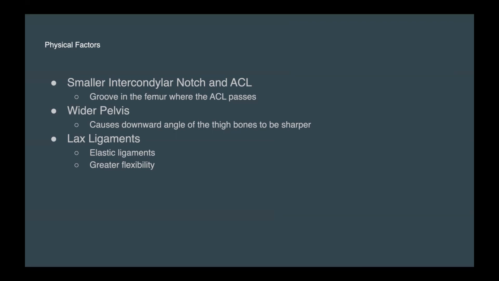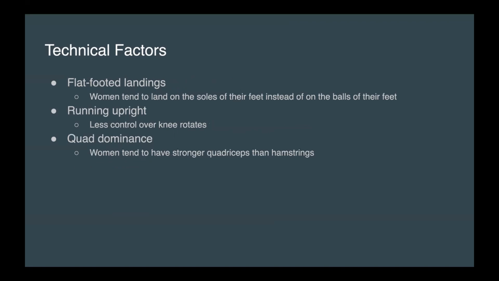So with that flexibility, yes, it's great, don't get me wrong, but you're going to be stretching the ACL more than it should be, and you're going to see it twisted more than it should be. So those are some things to keep in mind when you're working out or in sports in general. Just because of the way you're built as a female, you're automatically set up to have more ACL injuries.